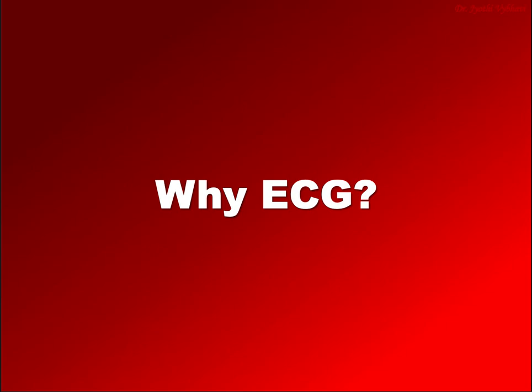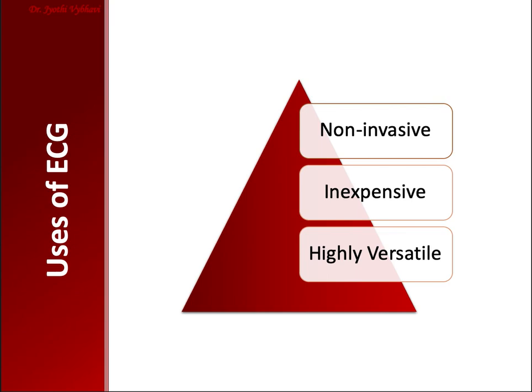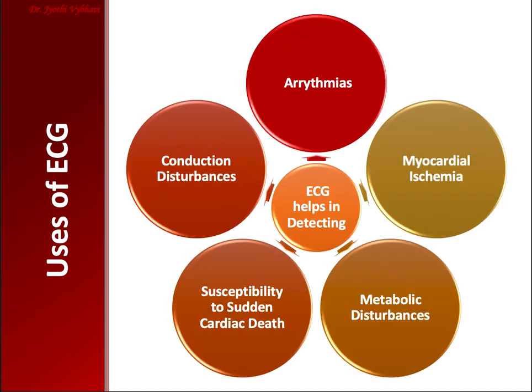So why should you do ECG? Why is it required to do ECG? First of all, the clinical utility of ECG derives from its immediate availability as a non-invasive, inexpensive and highly versatile test. That's why we use ECG. In addition to it, ECG is used to detect arrhythmias, myocardial ischemia, conduction disturbances.